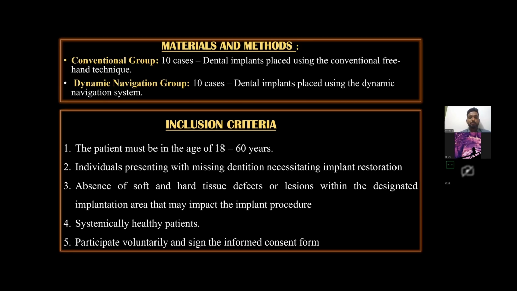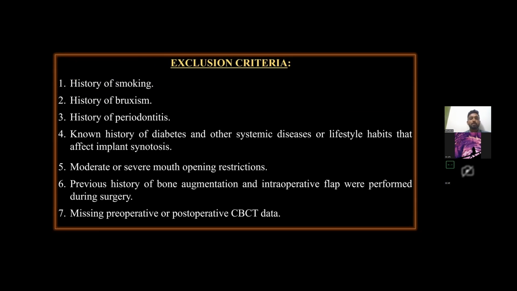The individual must present with missing dentition necessitating implant restoration, absence of soft or hard tissue defects or any lesions that may hinder implant placement, be systemically healthy, and be willing to sign the informed consent. The exclusion criteria were mostly all conditions in which implant placement would not be possible, and missing pre-operative or post-operative CBCT data were excluded from the study.